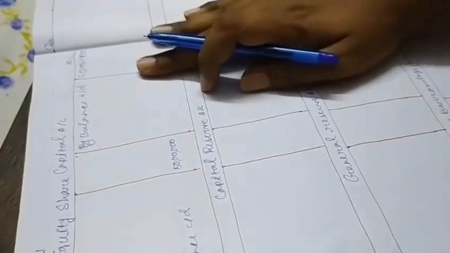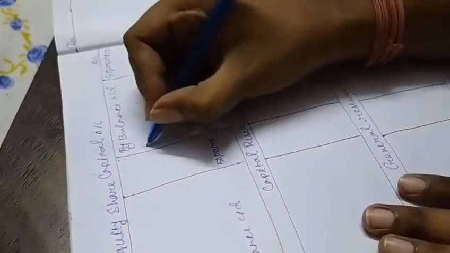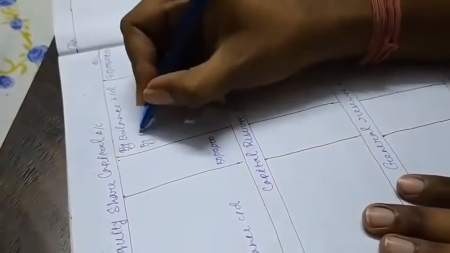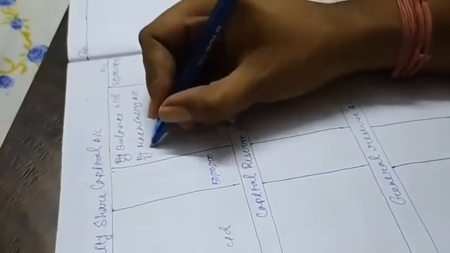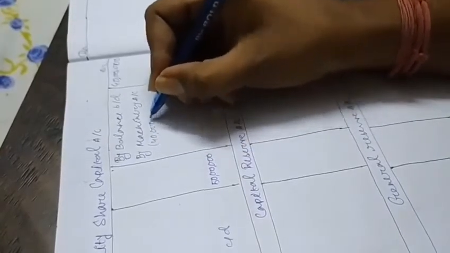So we'll post like that: by machinery account, that is 40,000 multiplied by 10, that is 4 lakh.